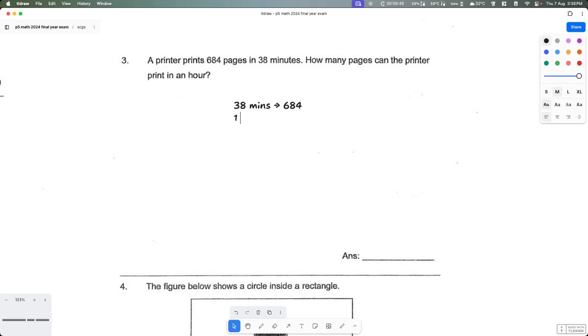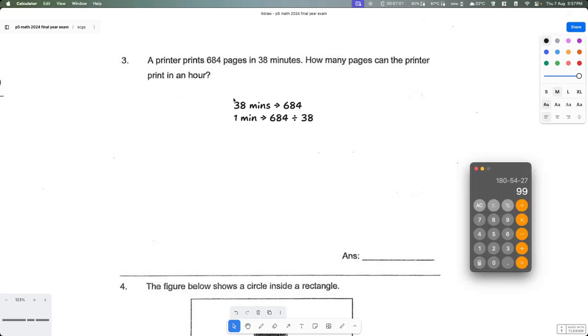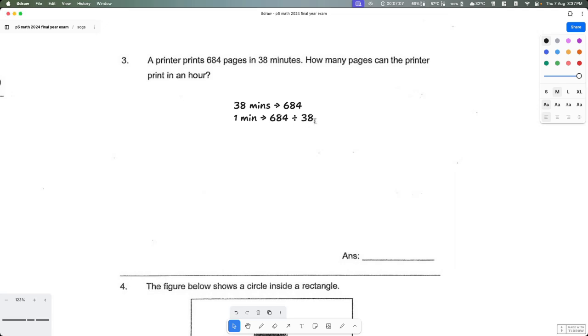So 1 minute is equal to 684 divided by 38. Using our calculator, 684 divided by 38 gives us 18 pages.